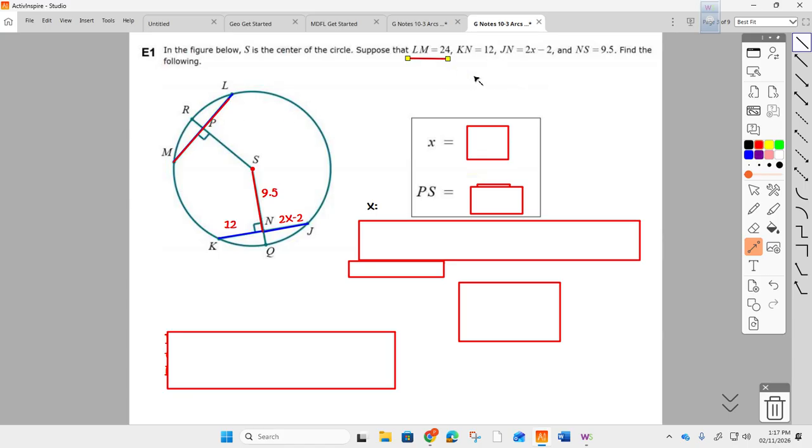We know that KN is 12 and JN is 2x minus 2, we know that NS has a measure of 9.5. So using our rules we just learned, we're going to find x first.